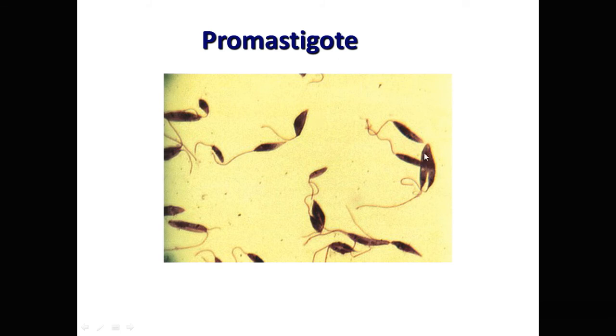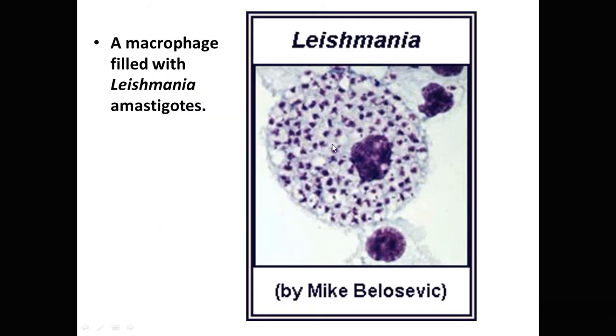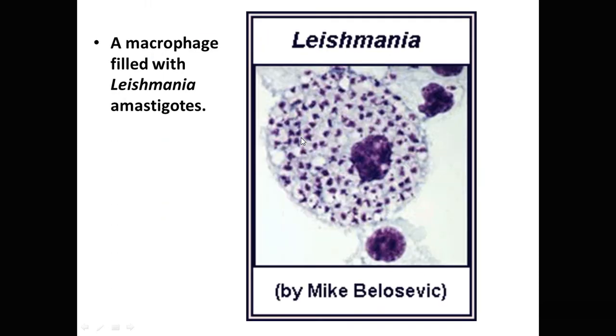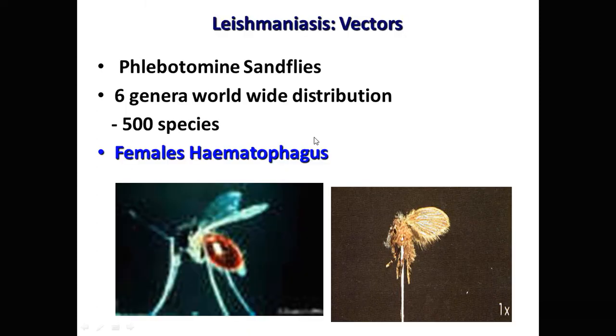These are promastigotes, one stage of the parasite. This is amastigote. So promastigote is the motile form, and amastigote is the non-motile, intracellular form. This is a macrophage infected with amastigotes.